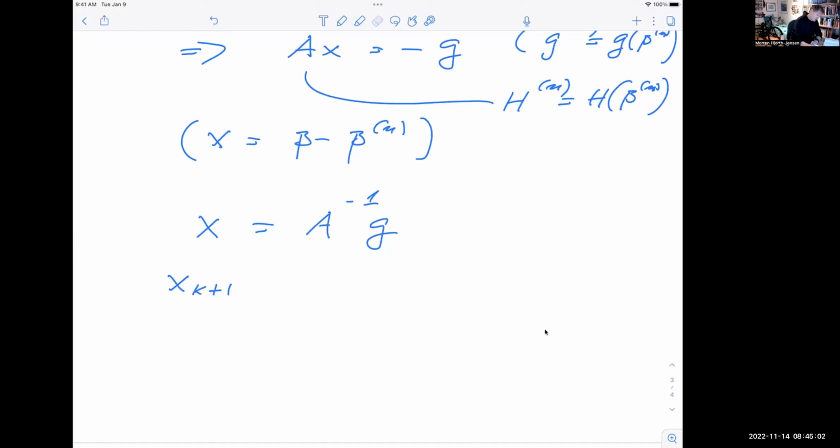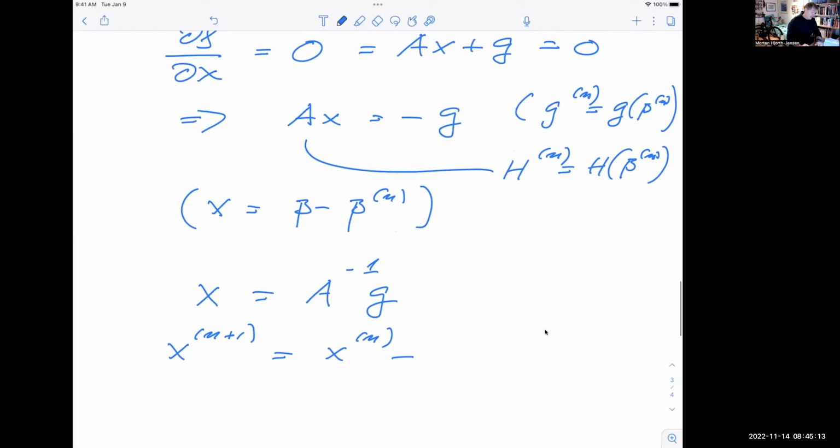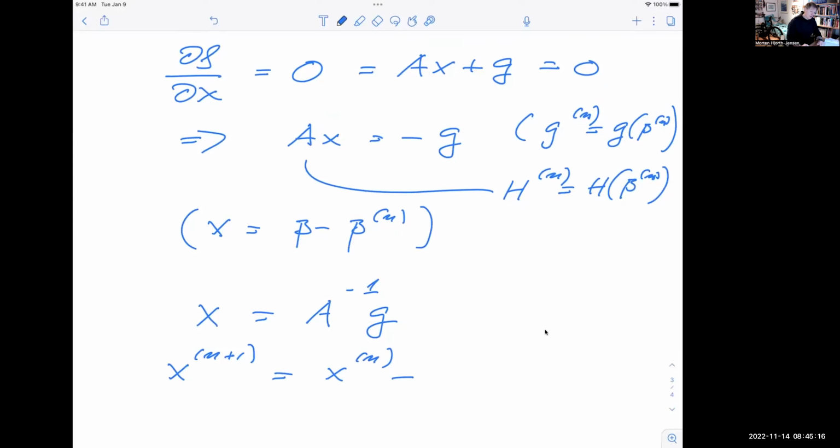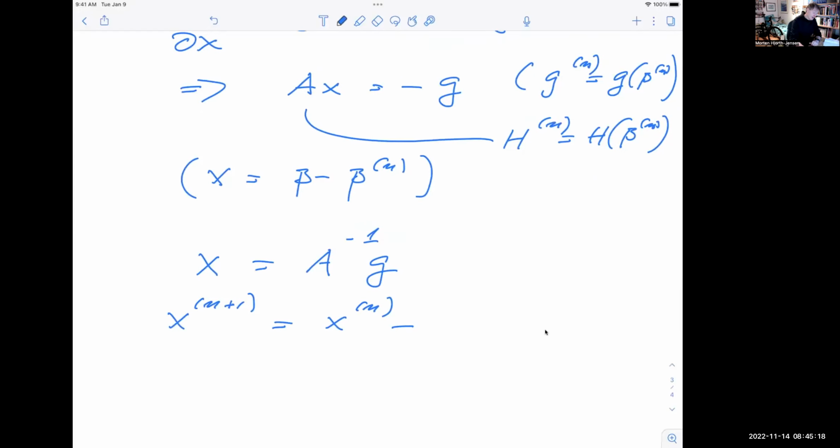When we solve it iteratively, we're going to have an n plus 1, and this is going to be given by x of n minus the inverse of the matrix, A inverse, calculated at iteration n with a value x of n, multiplied with the gradient calculated at iteration n.